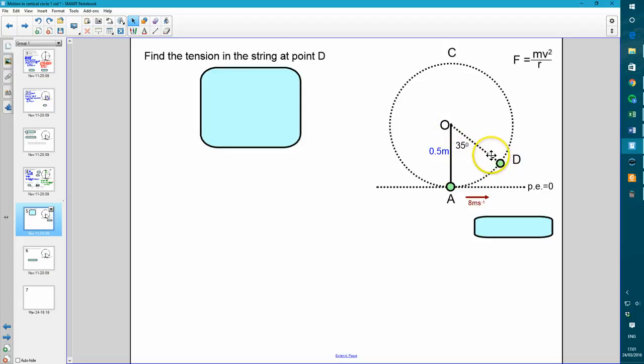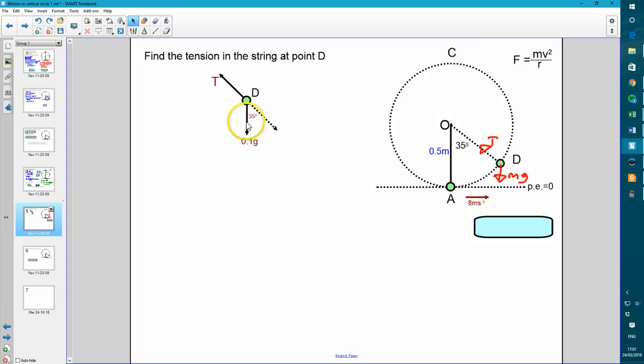As we can see, we've still got our tension acting this way. However, our weight is acting directly downwards, but some of our weight is going to be taken away from our tension towards the centre.